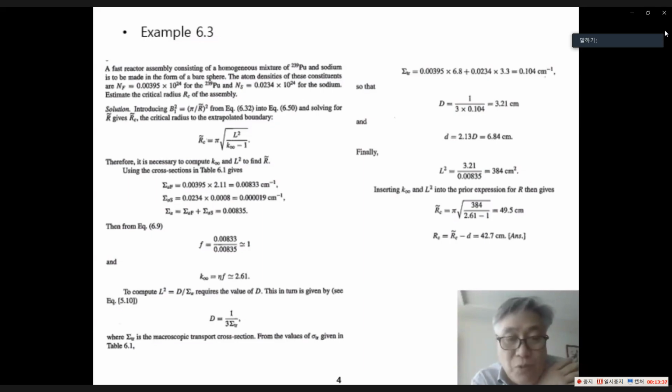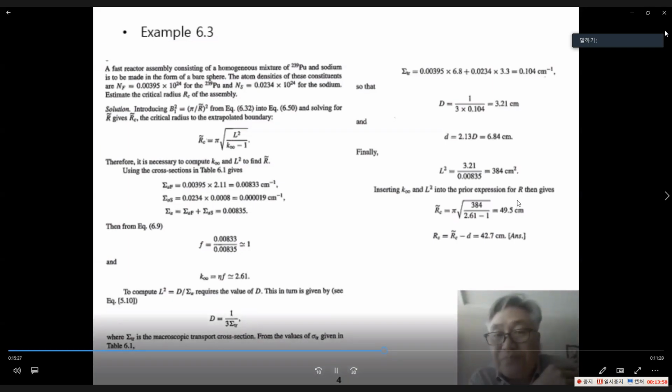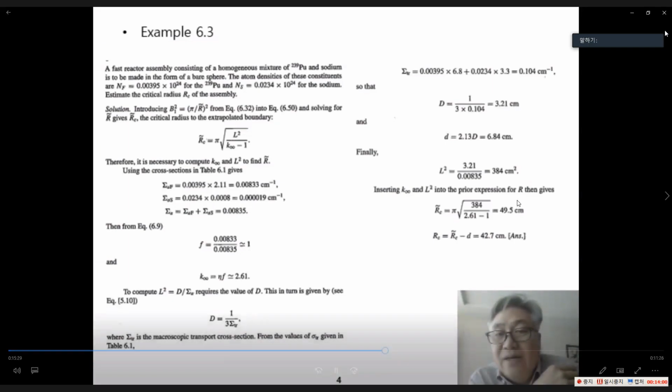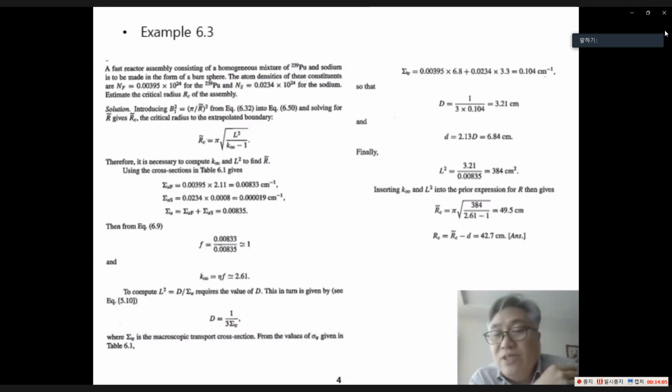This 1 over 3 macroscopic transport cross section you get from table 6.1, and then you get the macroscopic transport cross section of plutonium and sodium. Now you get the diffusion coefficient. And the extrapolated distance d is 2.13 D. That means 6.84 centimeter.